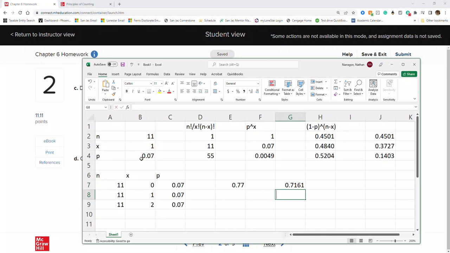So there's my variance. Now all we do is take the square root. So the square root, again, the formula is SQRT, basically an abbreviation of square root. And again, you can find that under the math formulas, or you can just type it in.